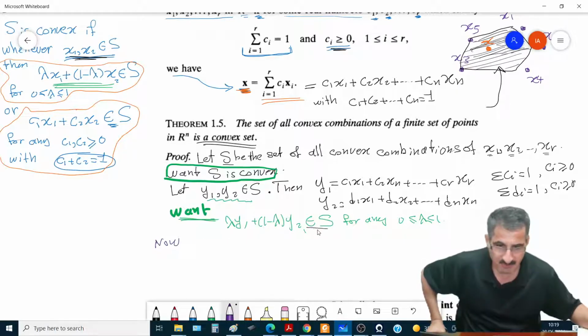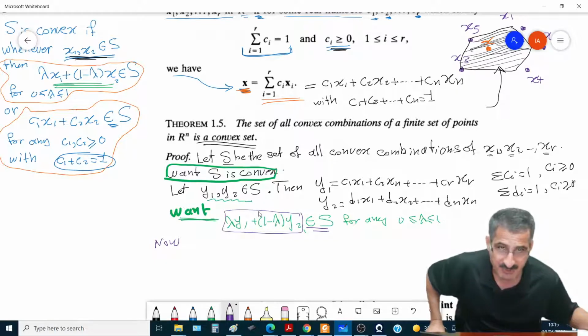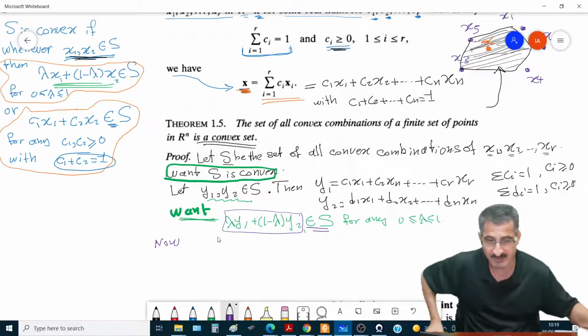What does it mean to belong to S? We want to show this is a convex combination of x1, x2 to xr.